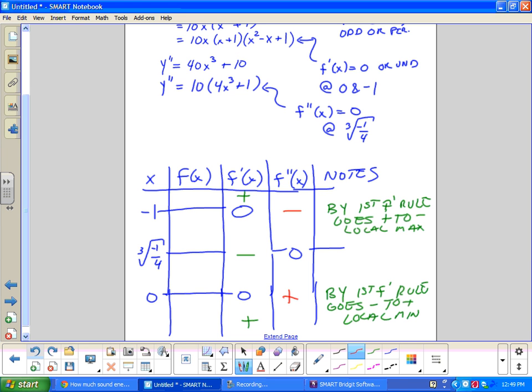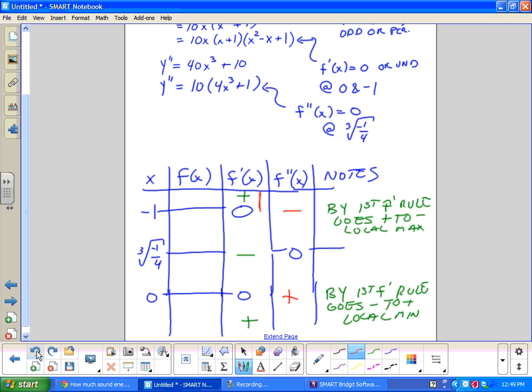If I plug in 0, you can see that this is positive. So we now have where it's increasing and decreasing in this area and decreasing in between. All right, and then we also know the concavity. It's concave down to the left of the cube root of -1/4, and it's concave up to the right.